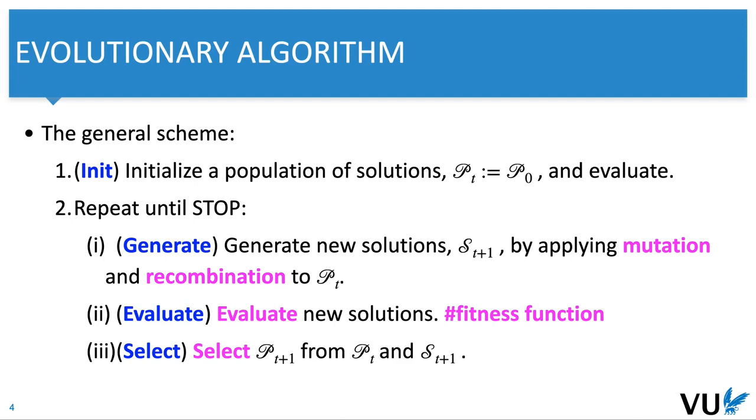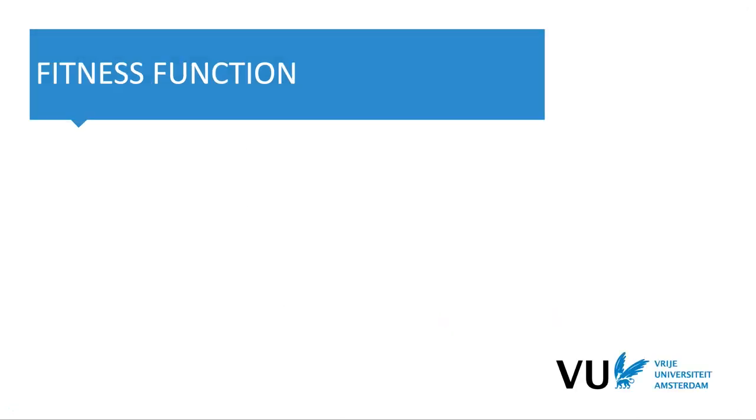And as we'll see in a second, it should be somehow connected with the objective function, but we can modify it, let's say, on the fly. So it will not necessarily be a one-to-one mapping between objective function and fitness function. And then in the end, we'll talk about how to select a new population.